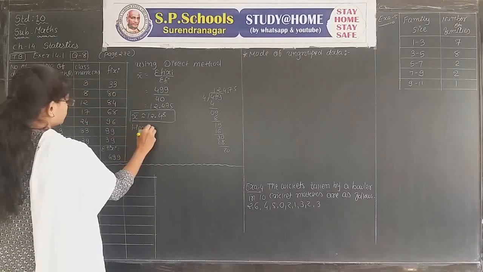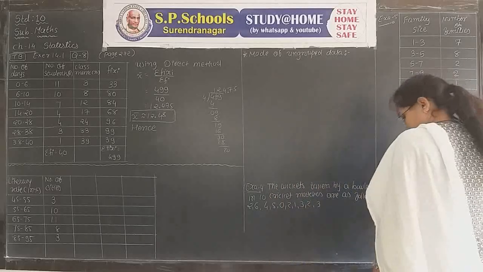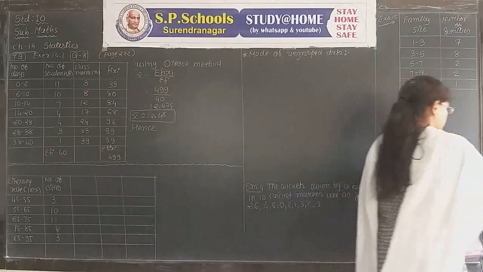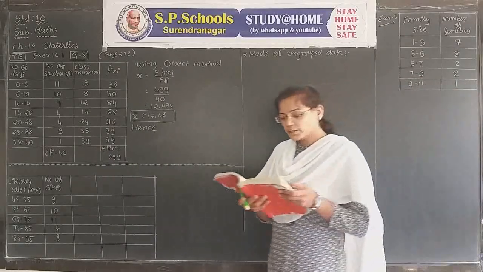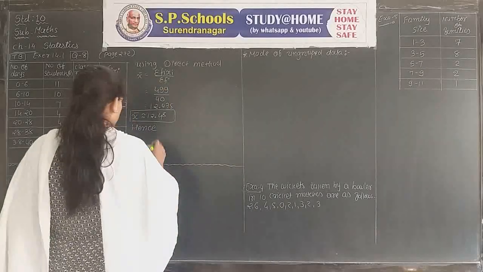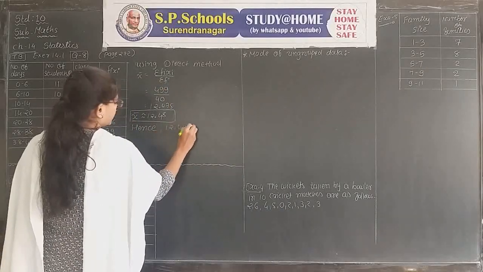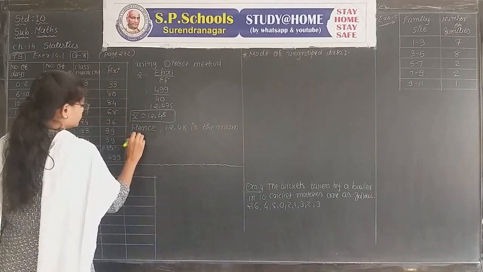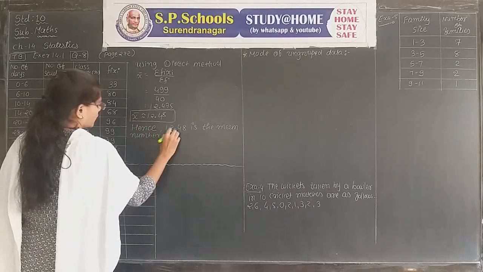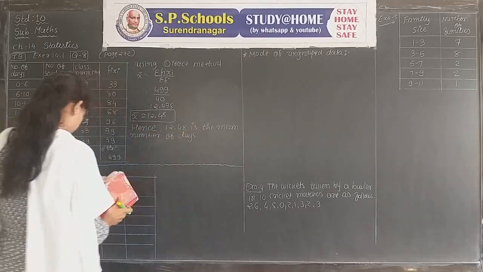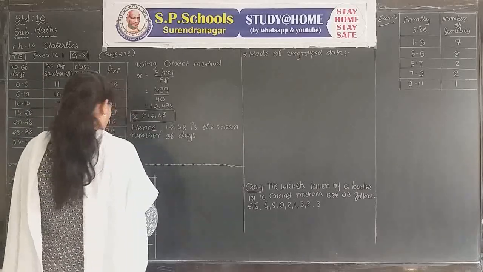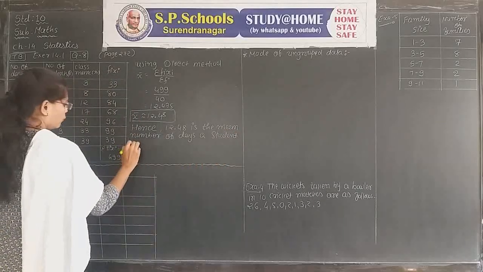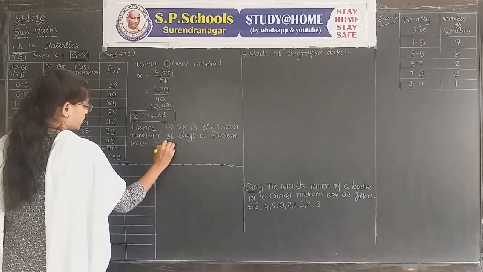Hence, in the question, we need to find the mean number of days a student was absent. Hence, 12.48 is the mean number of days a student was absent.